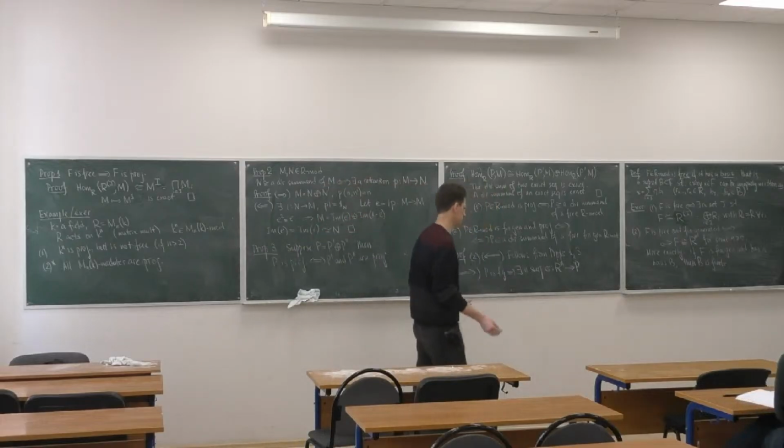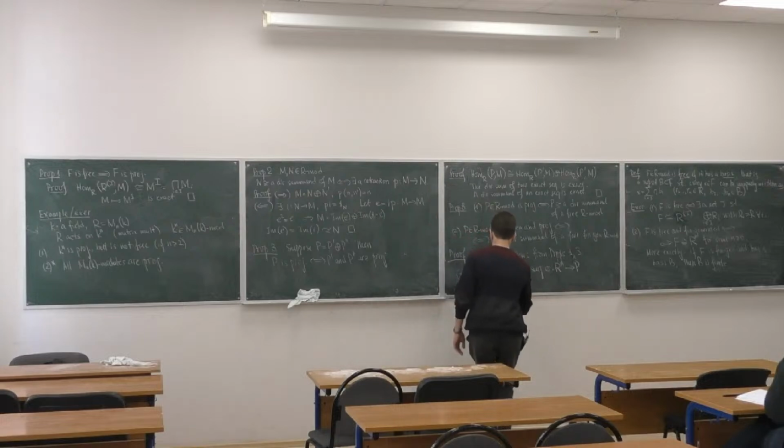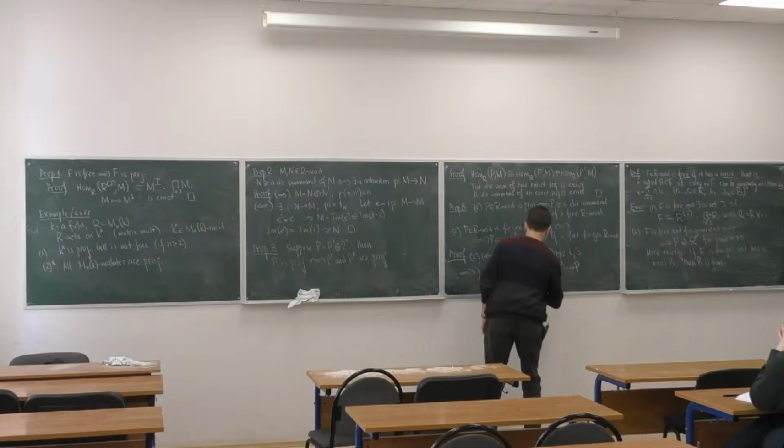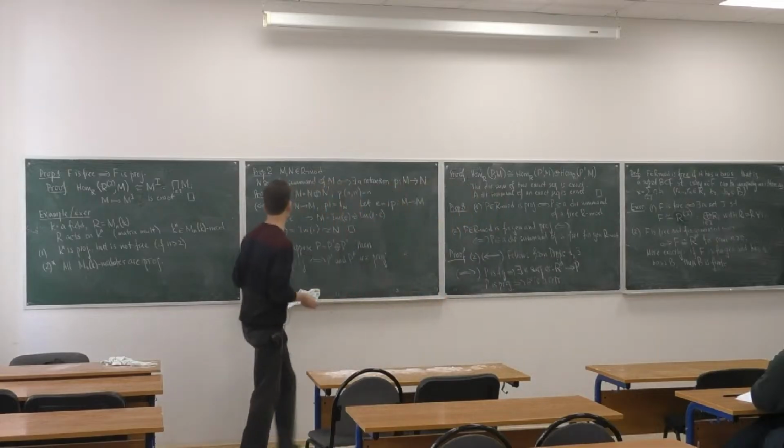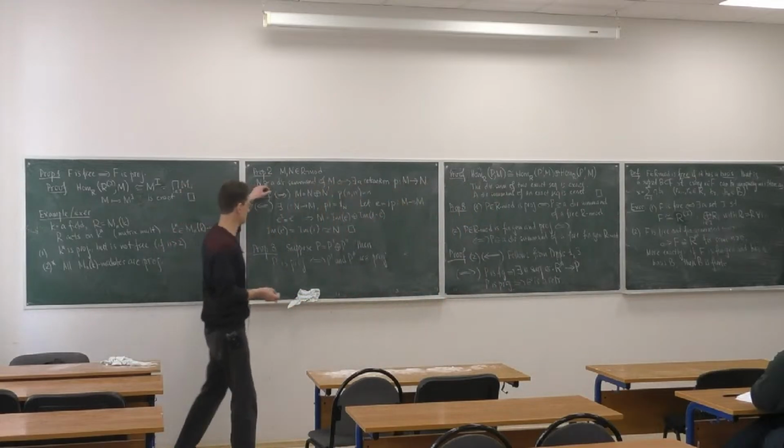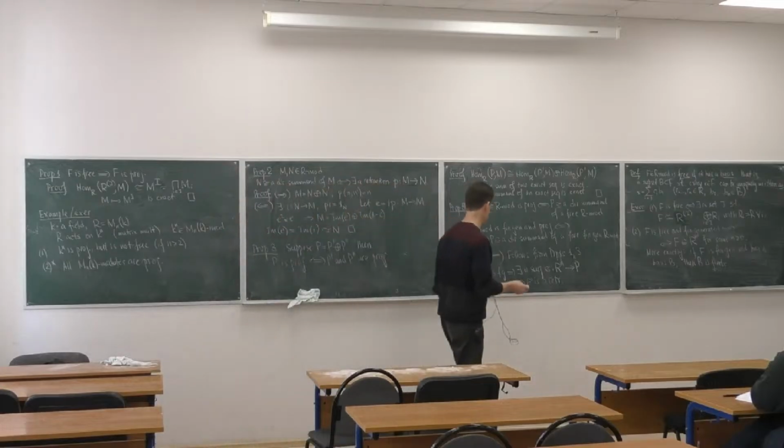But since it is projective, we deduce that sigma is a retraction. And now it remains to apply proposition 2. So P becomes a direct summand of R^n.